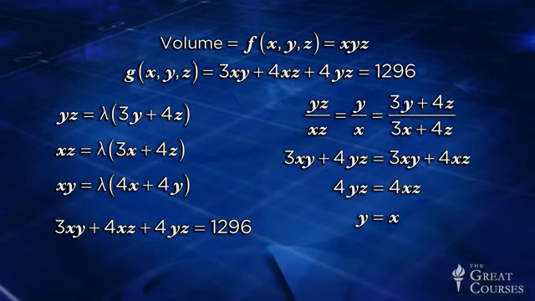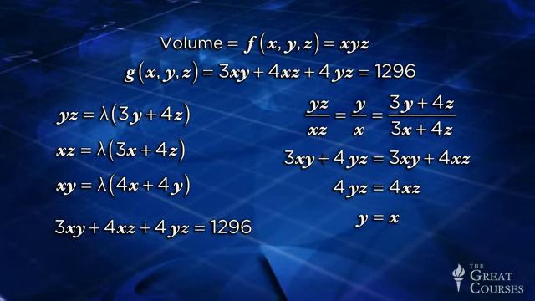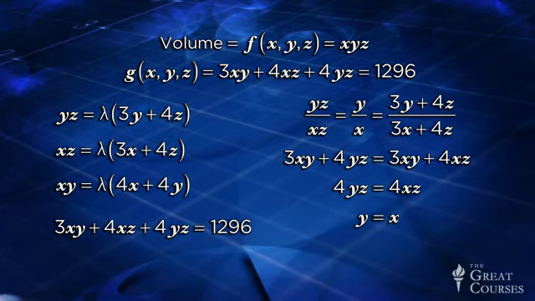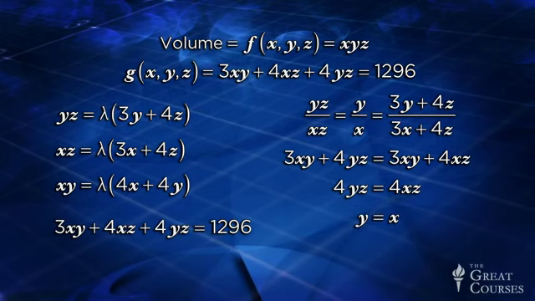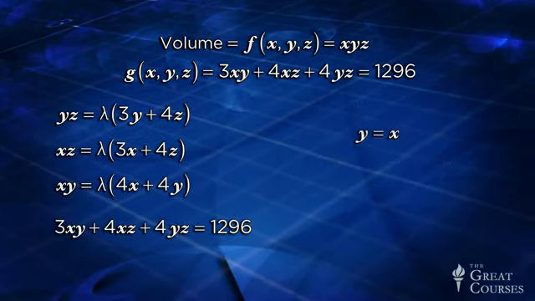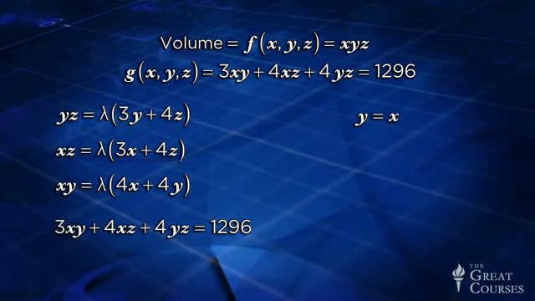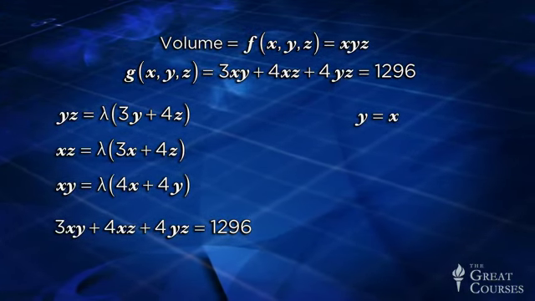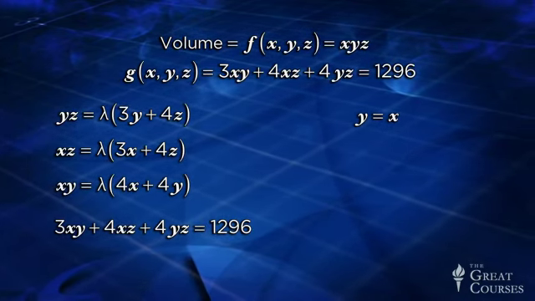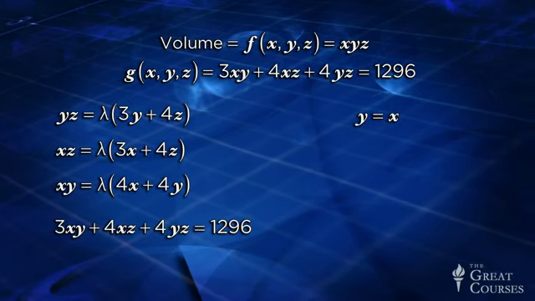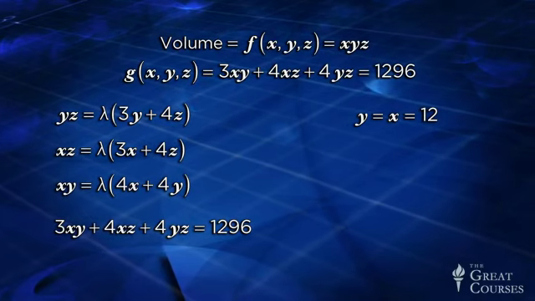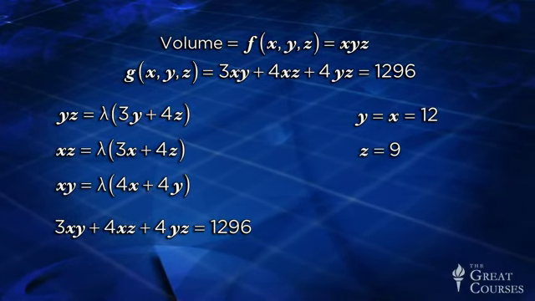Now, of course, you might have already had the feeling that y was going to be equal to x by the symmetry of the problem. But now we know that y equals x, and this is a great step forward in solving this problem. Knowing that y equals x, you can continue these manipulations of the four equations, and ultimately, trust me, you come up with the answer we achieved back in lecture 6, that x and y turn out to be equal to 12 and z equals 9.